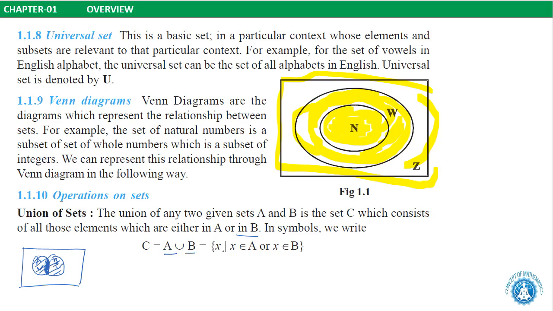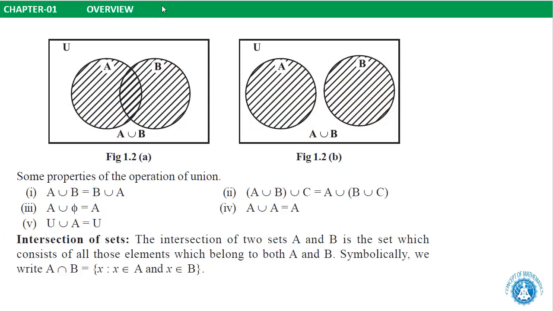In set builder form we can write it as the set of all x such that x belongs to A or x belongs to B. By using Venn diagram we can represent the union of set A and B as given in this figure.